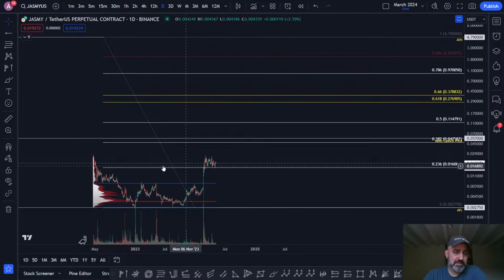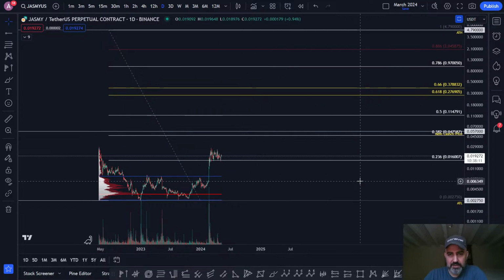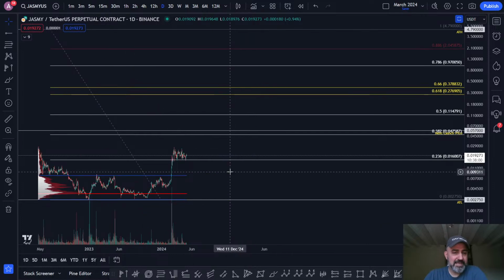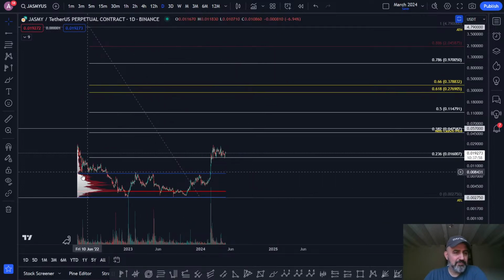And as you can see, or maybe you can't see because you're driving, the price has expanded above the 236, and we're finding support on the 236. So that's actually really bullish price action. We've put in volume into the lows of this overall range.